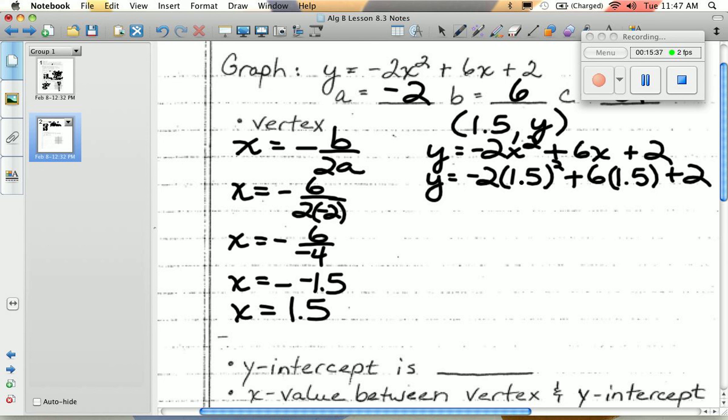We have to do the power first, and then go back and multiply by that -2. I feel like you should multiply -2 times 1.5. It would be so nice if we could, but we'll end up with the wrong value. So tell me what 1.5 squared is. 2.25.